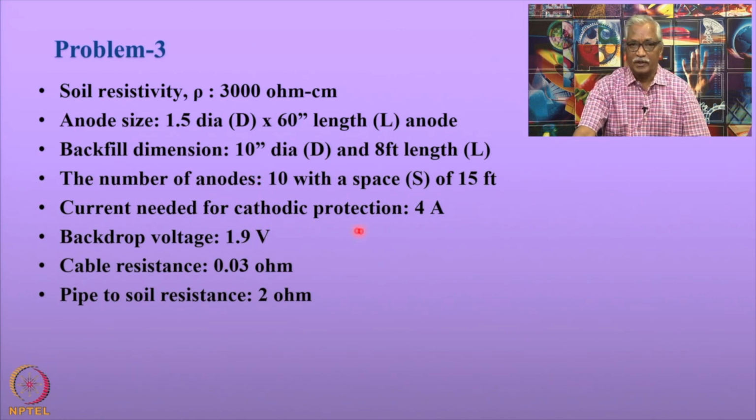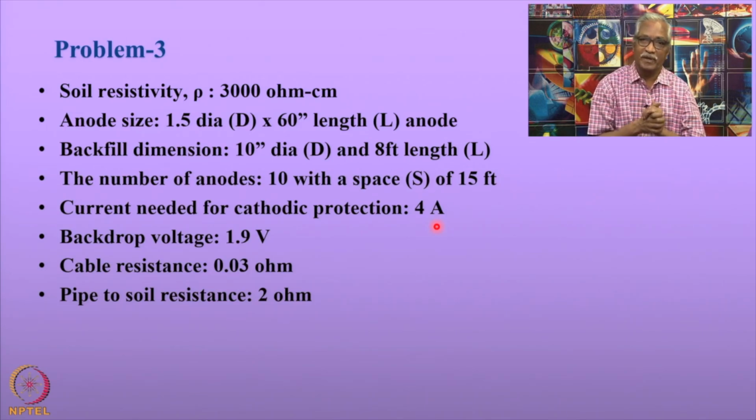The current required for cathodic protection is given as 4 amperes, and the current required for cathodic protection is generally established by installing a temporary anode ground bed and measuring the current required to reach a protection potential of minus 0.85 volt with respect to the copper, saturated copper sulfate electrode.